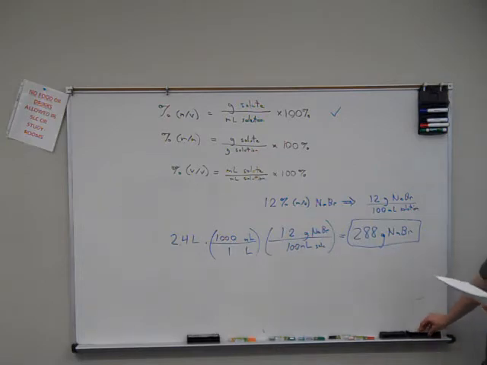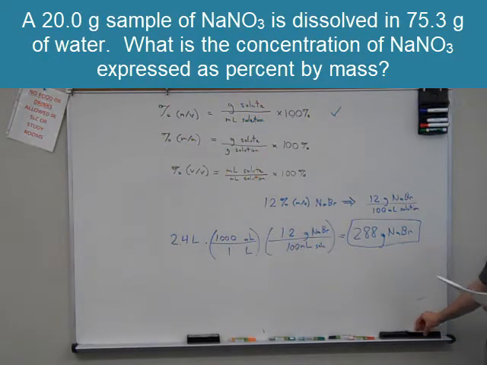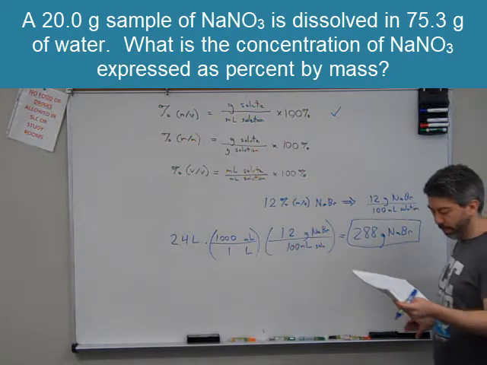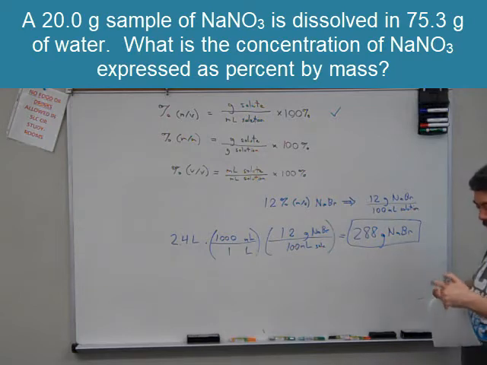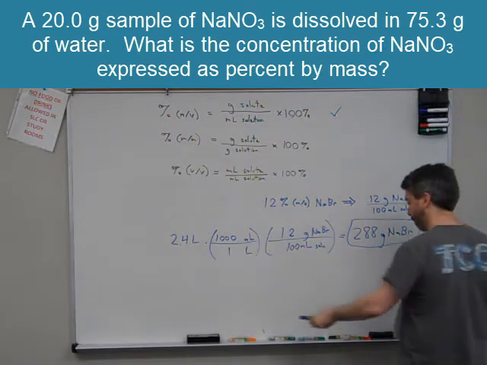Question number 9 says 20 grams of sodium nitrate is dissolved in 75.3 grams of water. What is the concentration of sodium nitrate in percent by mass? So for this question, we're going to use what equation?